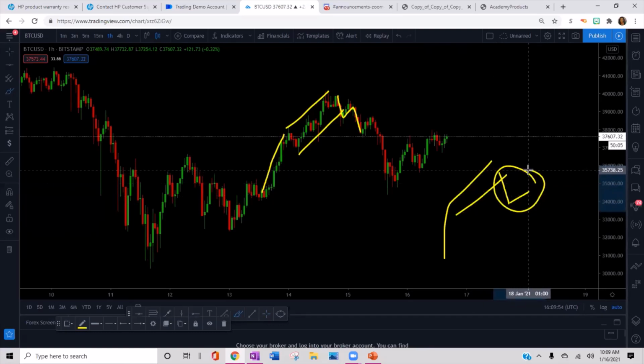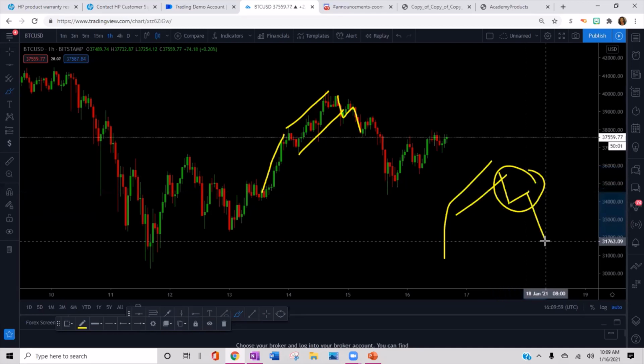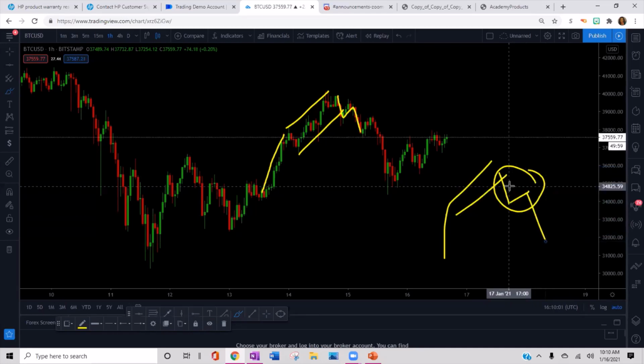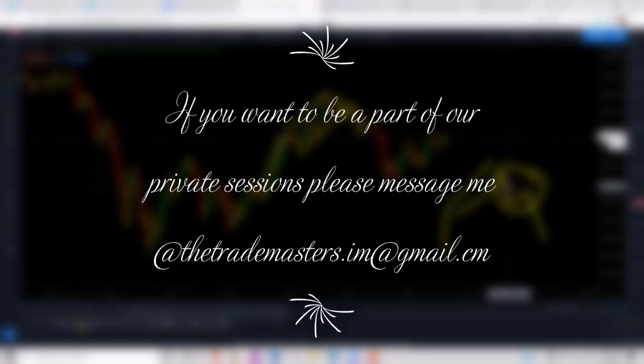That's what I need to see, because we just established that that is a continuation pattern. Now I can sell on 3. I need a 1-2. I always need a 1-2 before I do a 3. Questions, comments, criticisms?